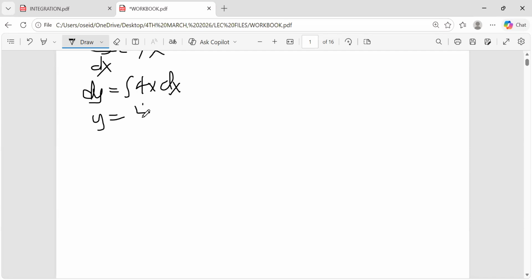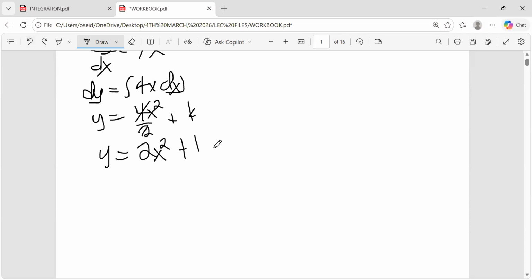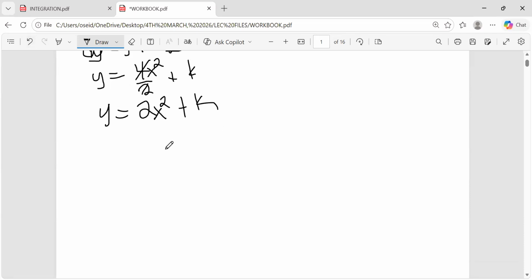So we get 4x squared divided by the power, which is 2, plus k, because the constant becomes k. So y is equal to 2x squared plus k.